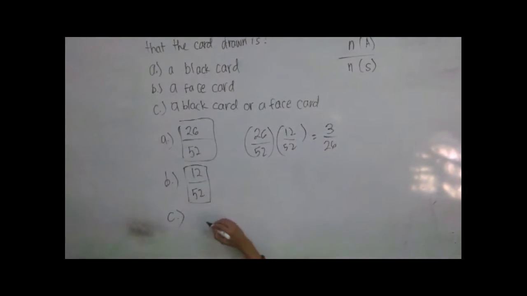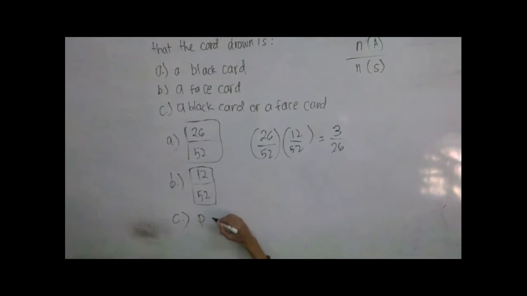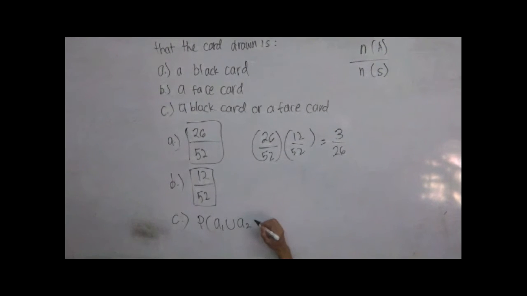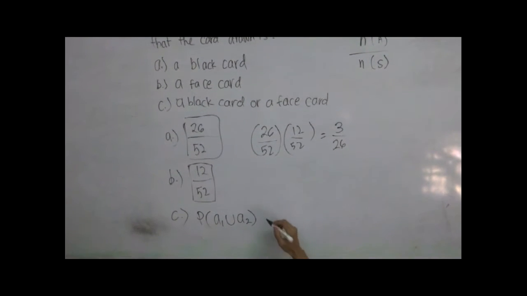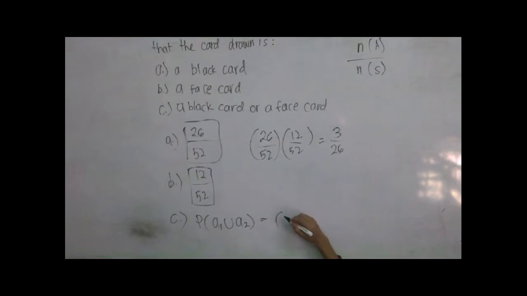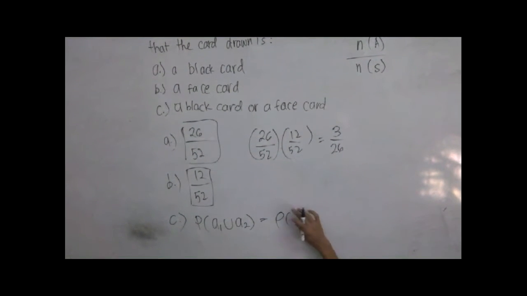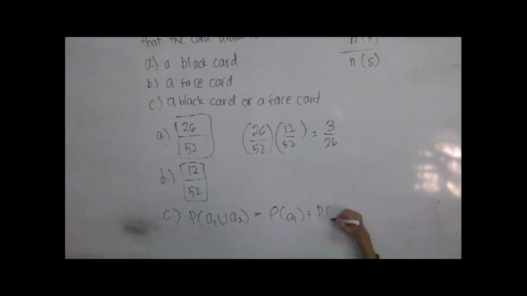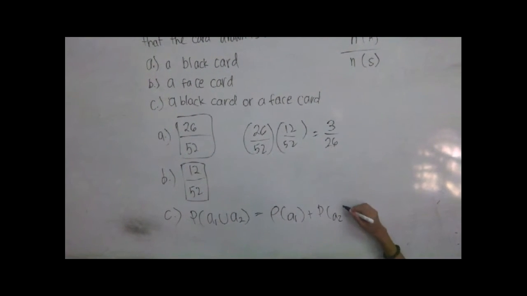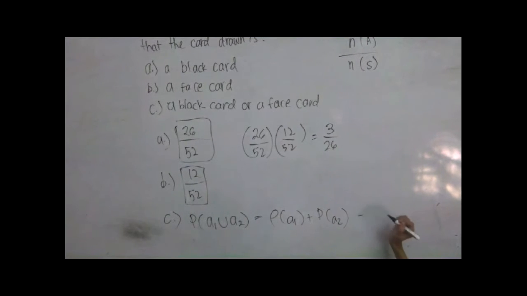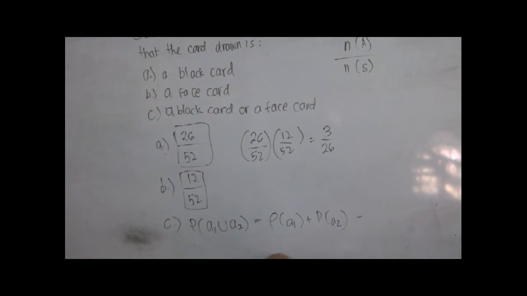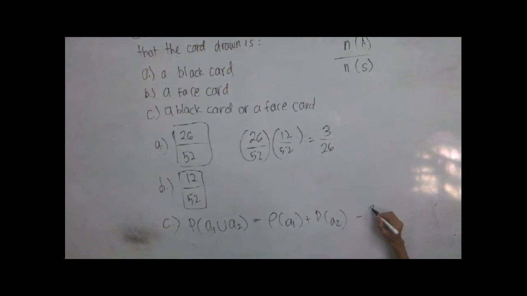So our equation will be probability of A sub 1 union A sub 2 is equal to probability of A sub 1 plus probability of A sub 2 minus the intersection, which is 3 over 26.